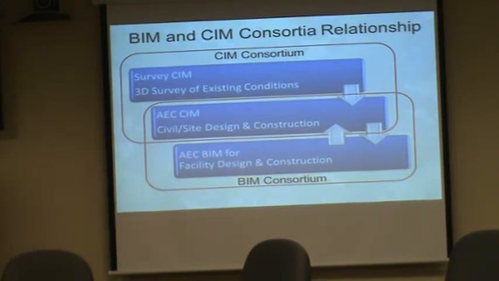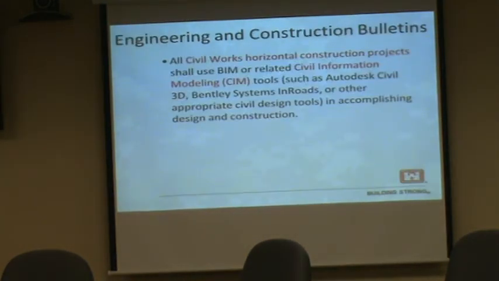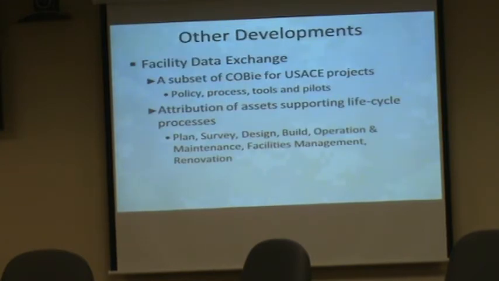And how do they connect? Another article, I wrote that one, so you can go see it if you want. Just like on the BIM side, all civil horizontal jobs will use civil modeling. Could be Civil 3D, could be InRoads, or anything else that is specified or that you can get away with. So if you use TerraModel or something like that, you can probably use that.